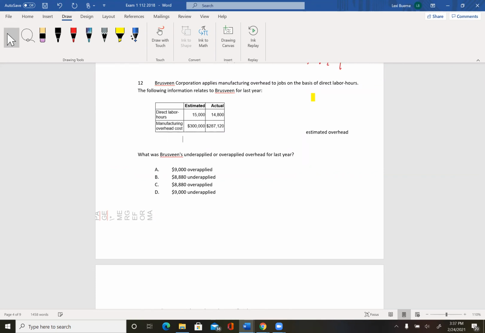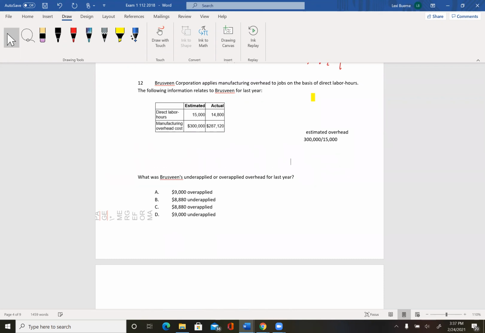And that is going to be, first, you're going to start with the 300,000. And you're going to divide that by the direct labor hours, which is 15,000. That number is 20. That's going to be your estimated overhead.